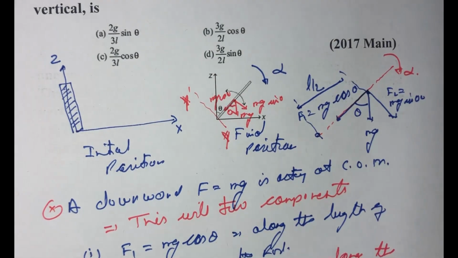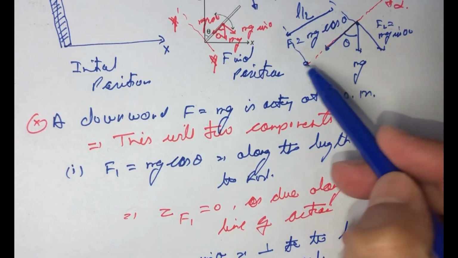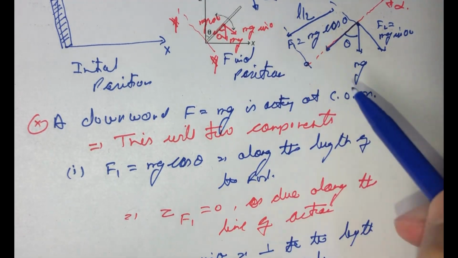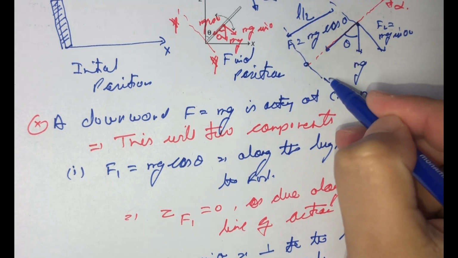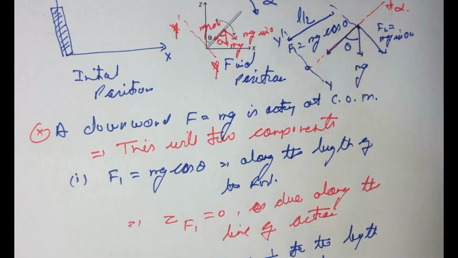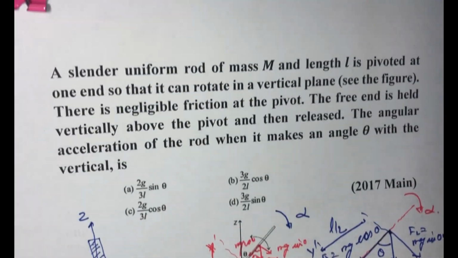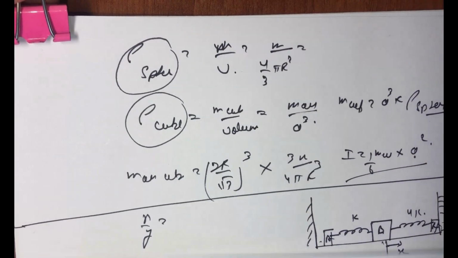Now the moment of inertia for this rod along the y prime y axis, so it will be rotating about this axis, or we can say along the end of the rod.